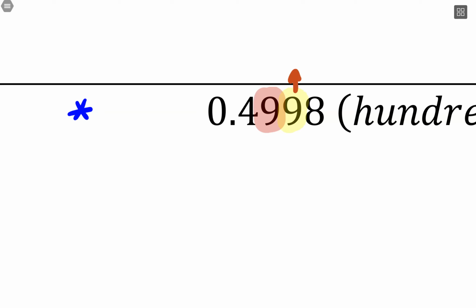So we're going to round up, which again basically creates a 10. So what we're going to have is 0 point, that 4 rounds up to a 5, and then where we had 9 before, we have a 0. And in this case, we want to include that 0. We want to show that we do have precision to that hundredths place.